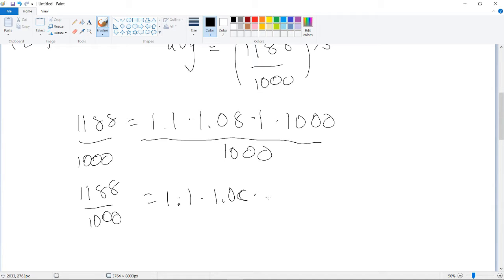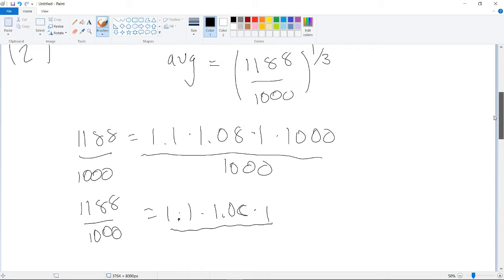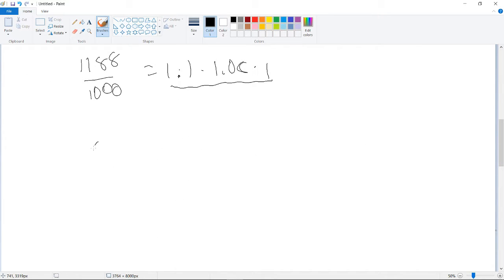And the crazy part is this part now can be substituted in up here. So now our average is equal to 1.1 times 1.08 times 1, all to the 1/3 power.